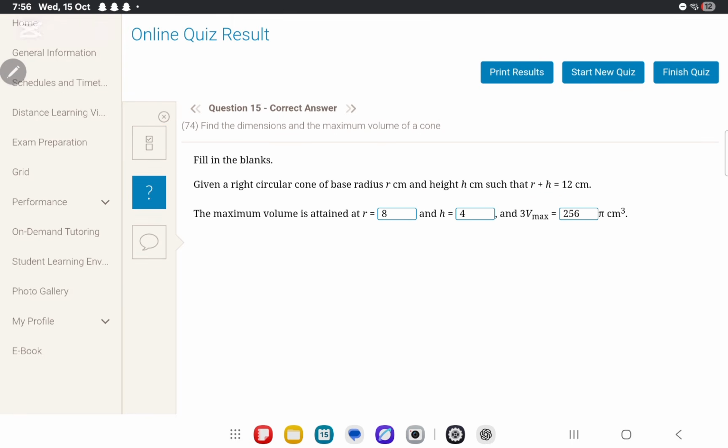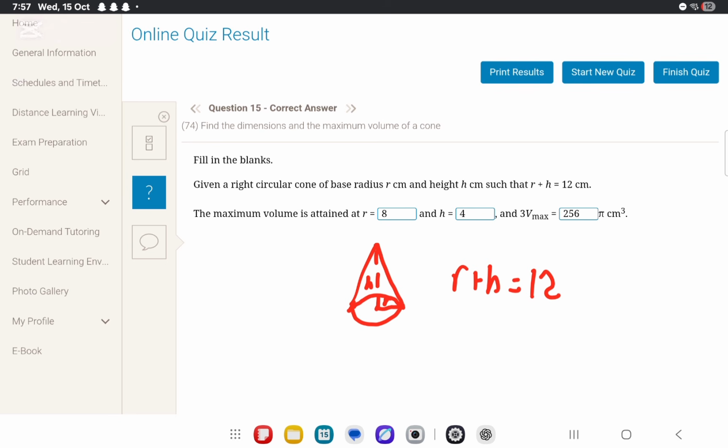Given a right circular cone, oh my god, these questions just don't stop. Right circular cone, so it's like this. Okay, radius r, so I have r here, and height h, such that r plus h is equal to 12. Okay, so we're going to express one in terms of the other. It doesn't really matter.